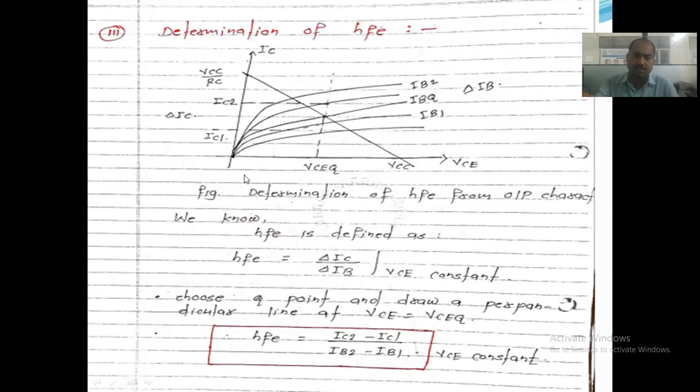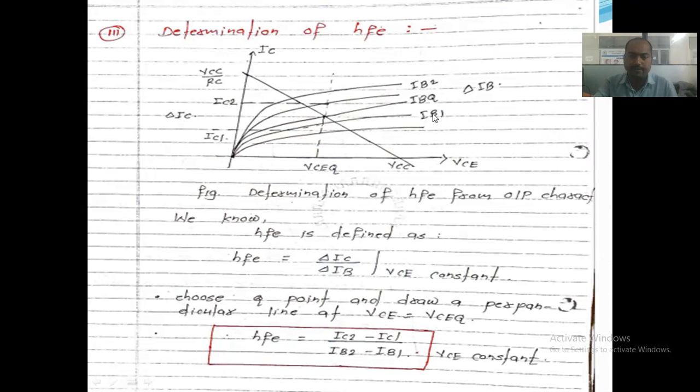Another thing, we take different values of IB. So we are taking three values of IB. For determination of hfe, we take the plot of VC versus IC, taking a particular base current as a constant.